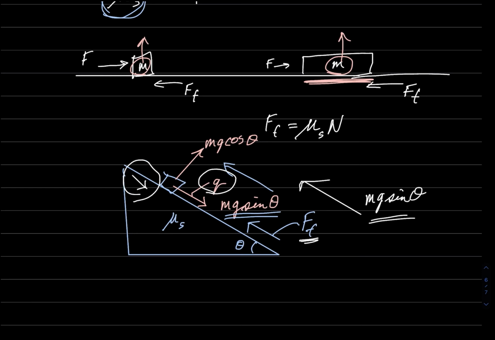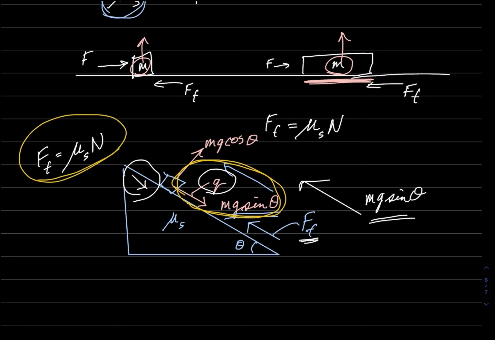And what is the maximum force that friction can apply? Well, the maximum force that friction can apply is going to be the static coefficient of friction times the normal force. So in order to get the block to move up the wedge, we have to overcome gravity, and we have to overcome the force that friction can put in the downward direction to oppose us.